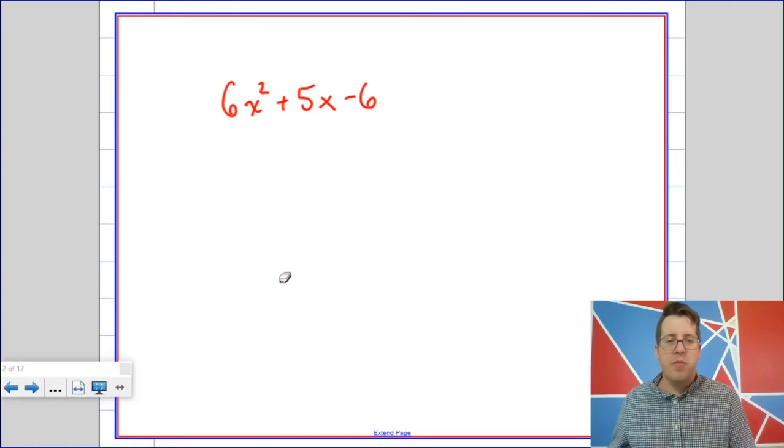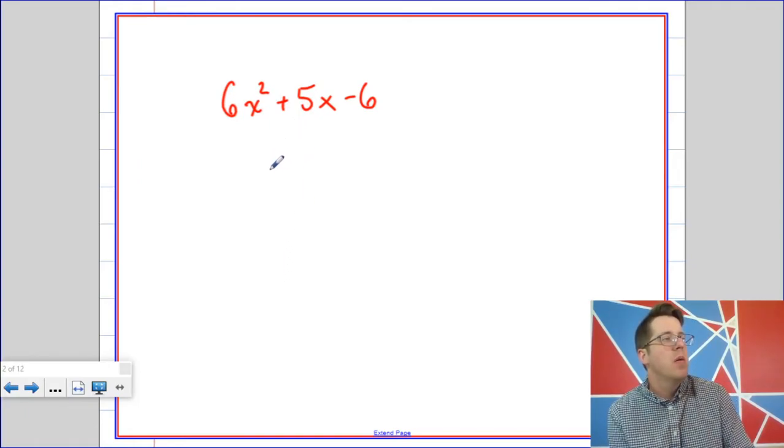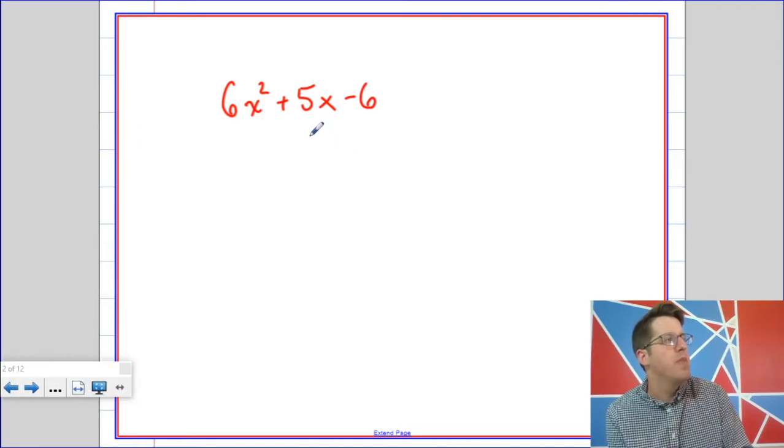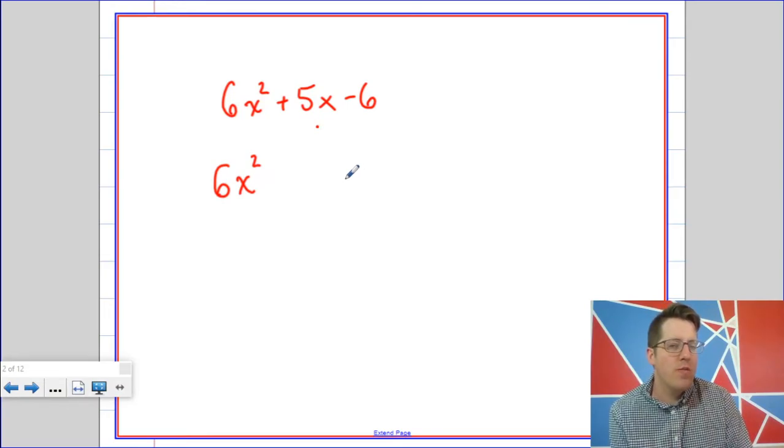So here's an example of a problem that is not set up to work that way, but that you can set it up to work that way. This is where it takes a little bit of thought. So if you look at 5x, you can split it up into something where there's a common factor in both directions.